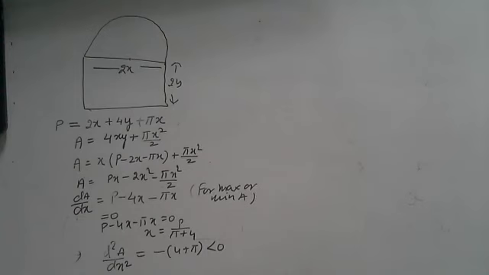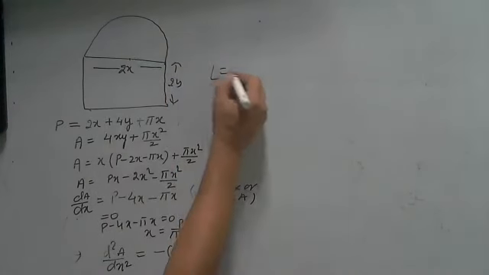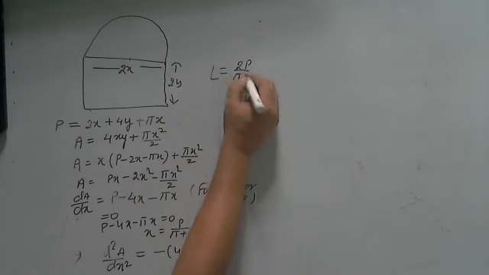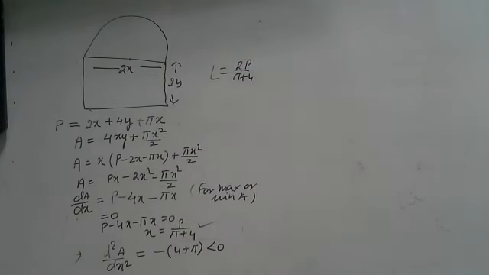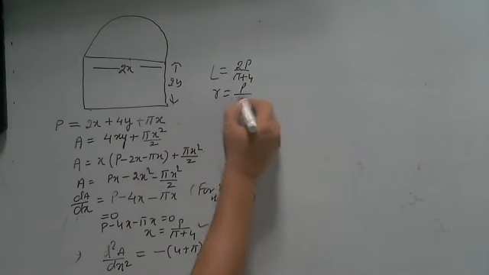So now it gives us x is equal to p upon pi plus 4. So if x is this, what is the length of the rectangle? 2x. That is 2p upon pi plus 4. And the radius of the circle is p upon pi plus 4.